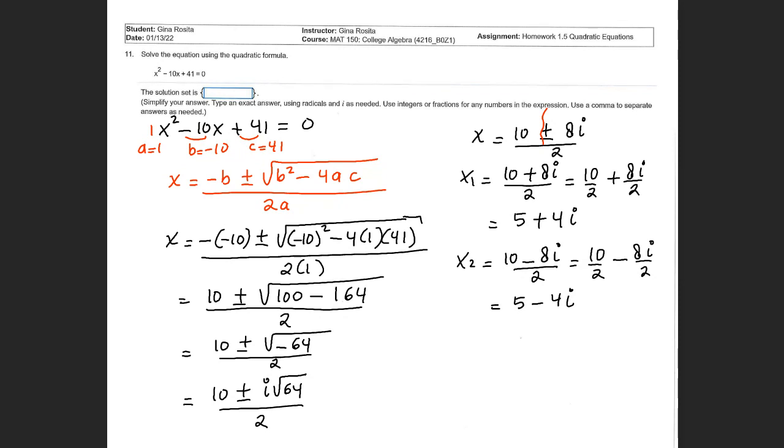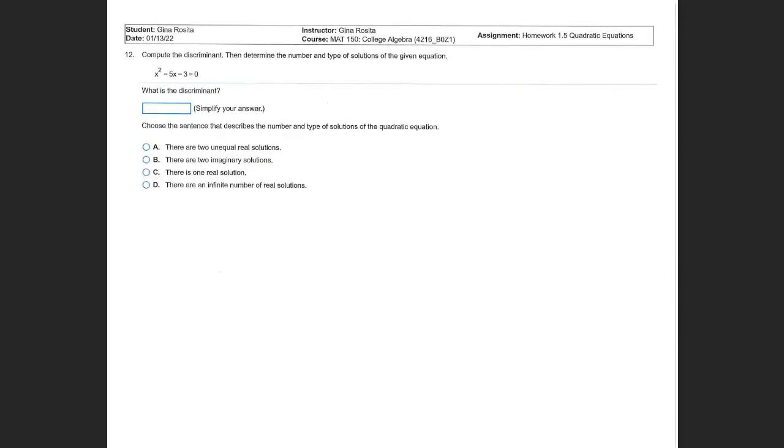Now, number 12. Compute the discriminant, then determine the number and type of solution of the given equation. Okay. Now, remember discriminant, the formula is only b squared minus 4ac.